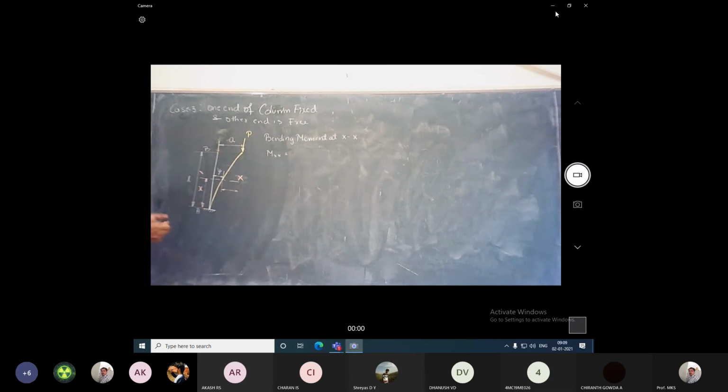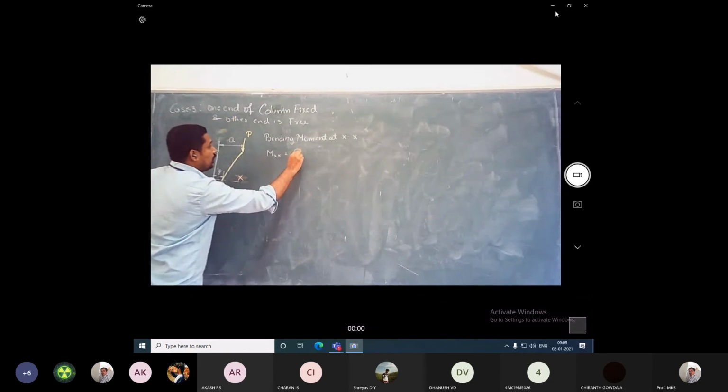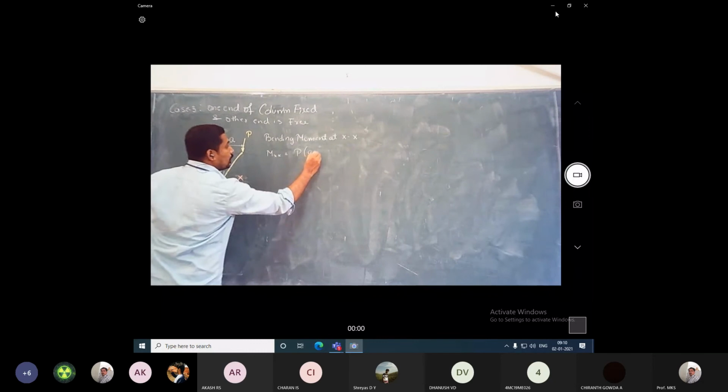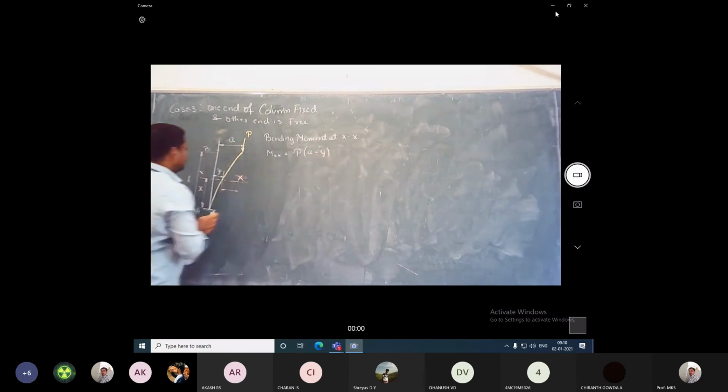Whereas in the other two cases, the beam was deflected in this manner, so you can see the concave part with respect to the initial column, and it was negative there. Here it is a convex part with respect to the initial column, so the moment is positive. The moment value is plus P into (a minus y), so I can get the moment at this particular point.